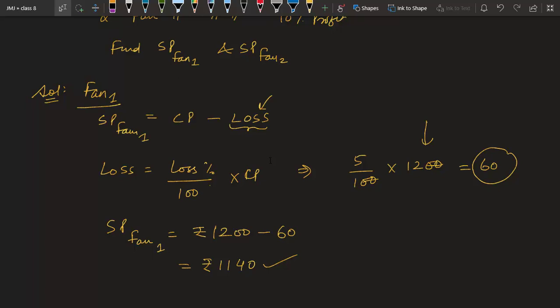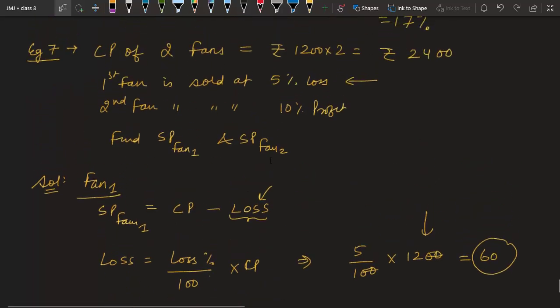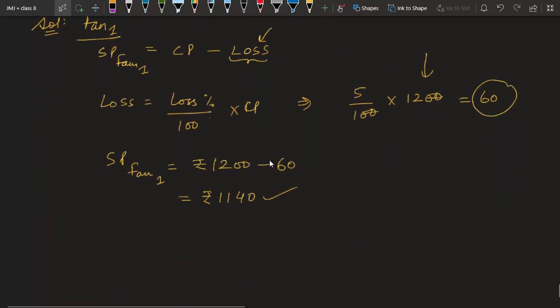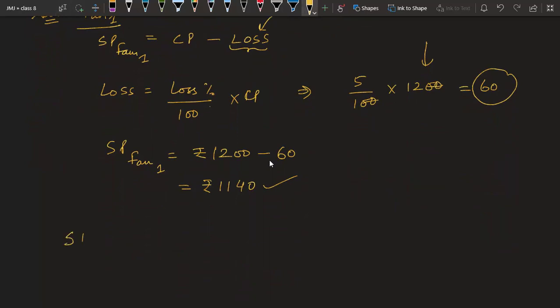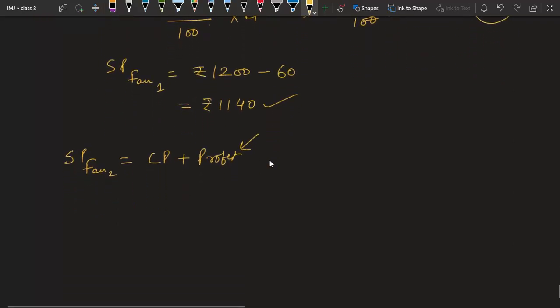Now let's find it for the second one. The second one is a profit, so the formula is very simple. SP of fan 2 will be given by cost price plus profit. Again we want the profit value, not the percentage. So we have to find the value by the formula. Profit value is given by profit percentage upon 100 multiplied with cost price.